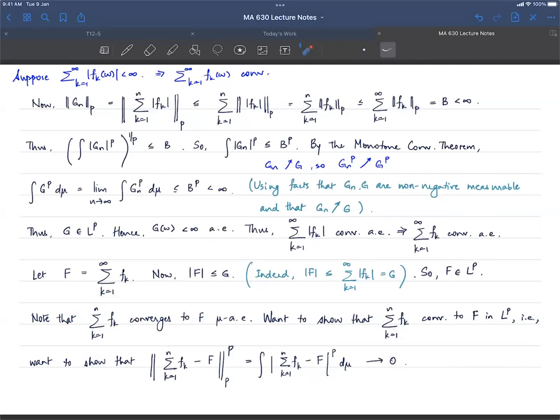Because I want to show that this guy converges to f in LP. Remember that when we talked about different senses in which functions can converge, convergence almost everywhere on a probability space implies convergence in measure. Convergence in LP implies convergence in measure. But the relation between convergence almost everywhere and convergence in LP is somewhat subtle.